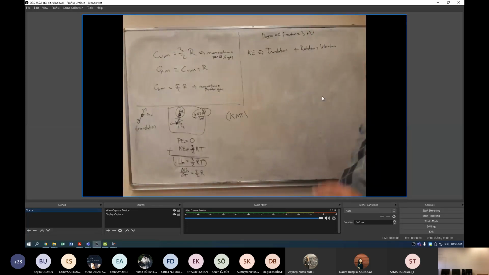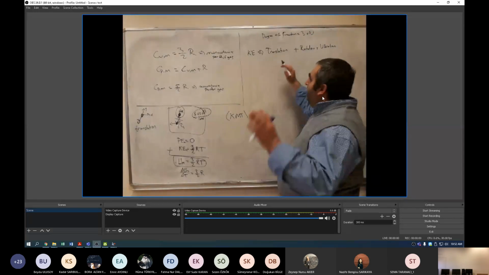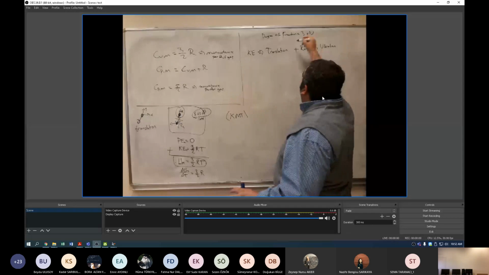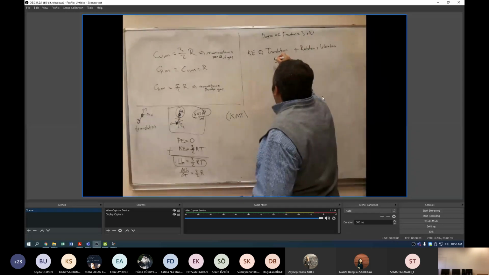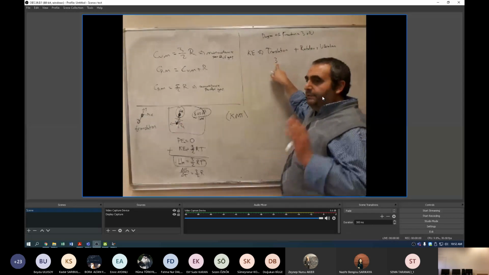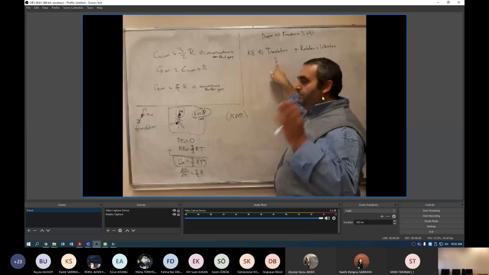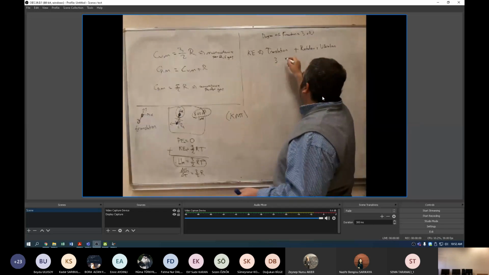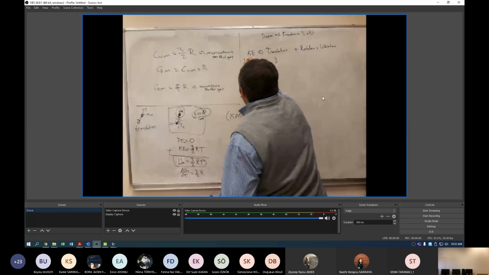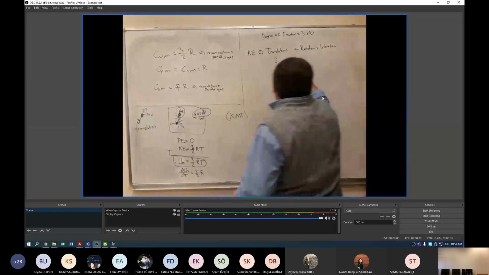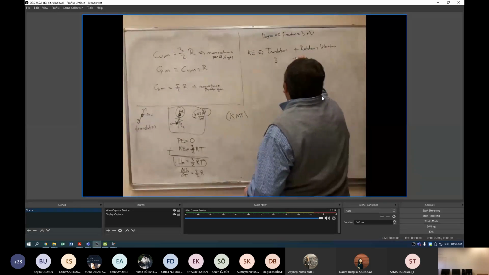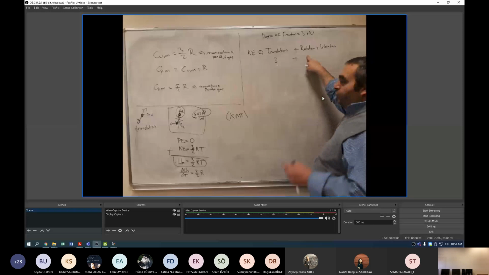In any molecule, three of the motions belong to translation: X direction, Y direction, and Z direction. Plus rotation.